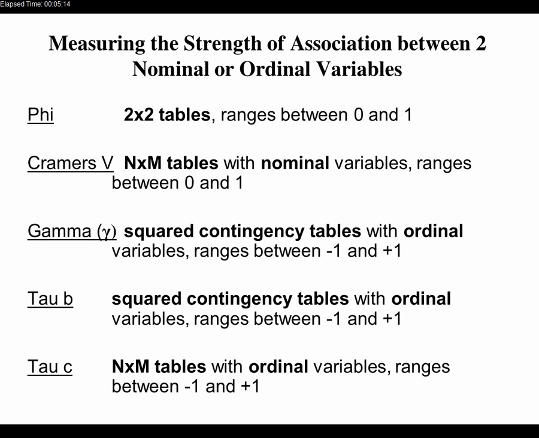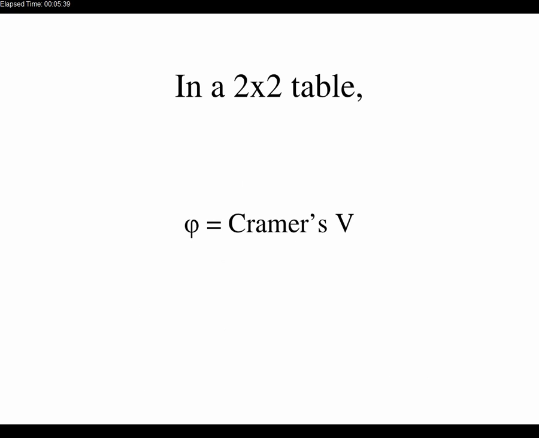The tau b is for squared contingency tables with ordinal variables, and it also ranges between -1 and +1. And tau c is for n by m tables, what I'm saying is not squared contingency tables, with ordinal variables. Okay, it ranges between -1 and +1. So in a 2 by 2 table, phi equals Cramer's V. They're both the same. So that's an important thing to remember.